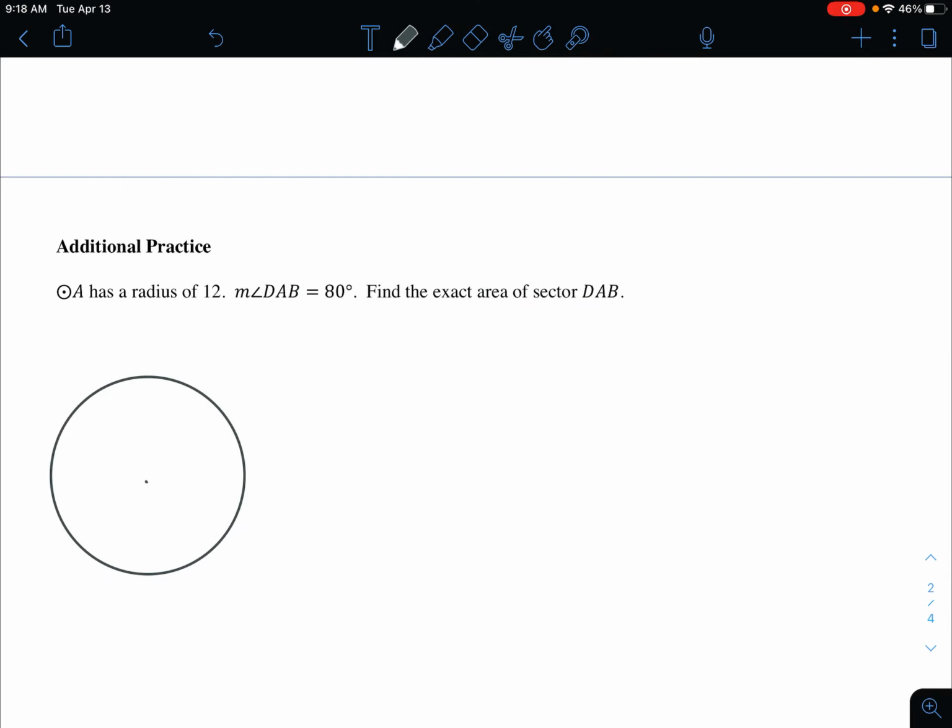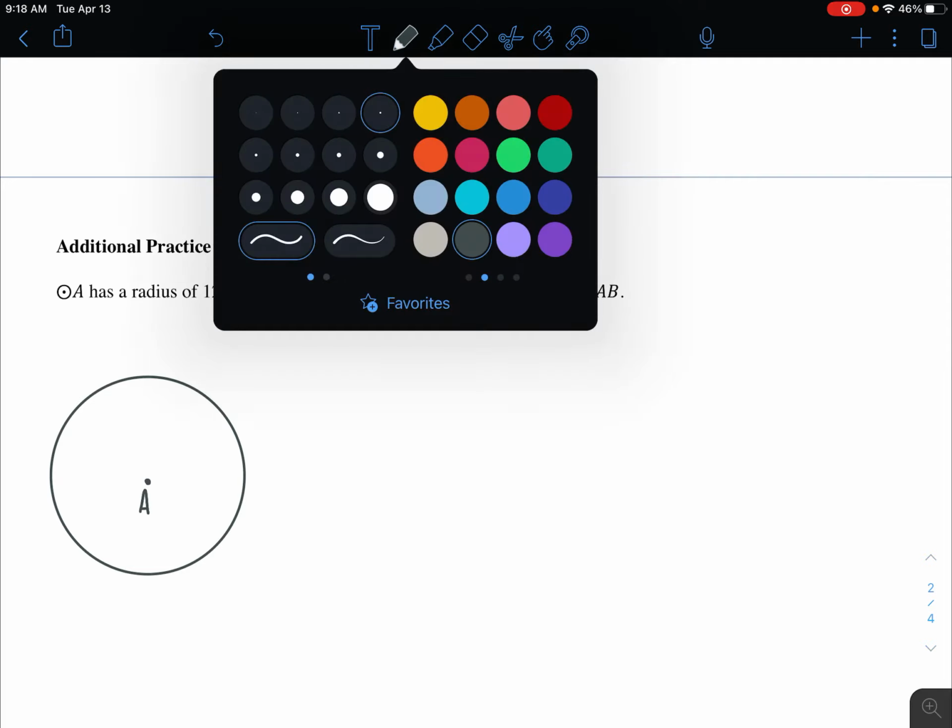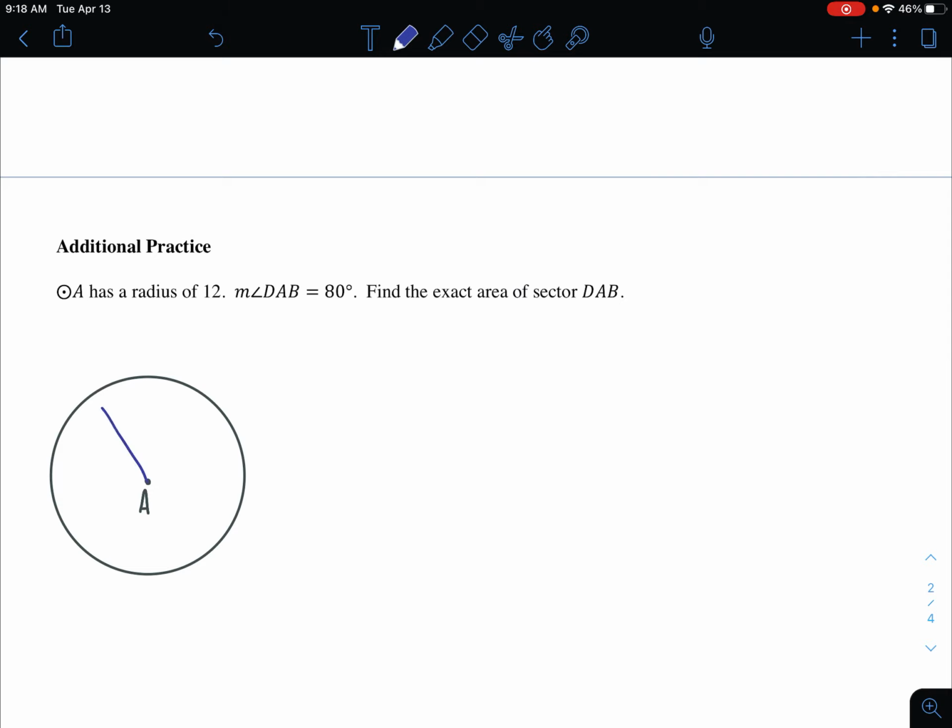Circle A has a radius of 12, where the measure of angle DAB is 80 degrees. Find the exact area of sector DAB.